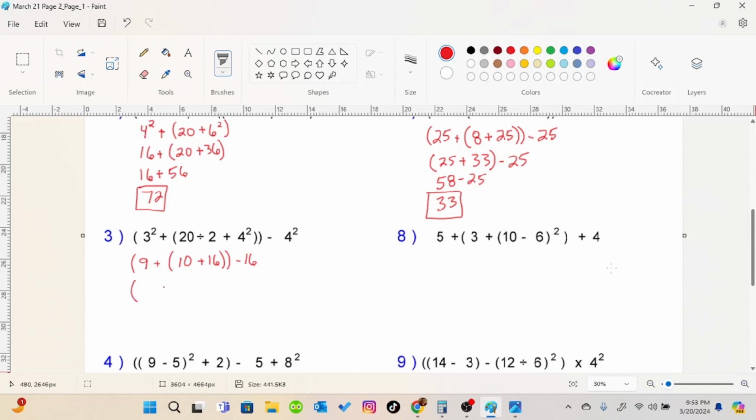I'm going to do the parentheses. 10 plus 16 is 26. 9 plus 26 is 35. And 35 minus 16 is 19. Final answer.